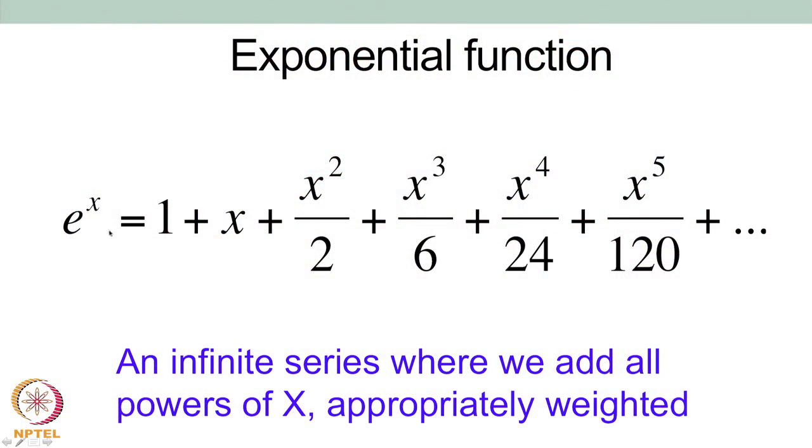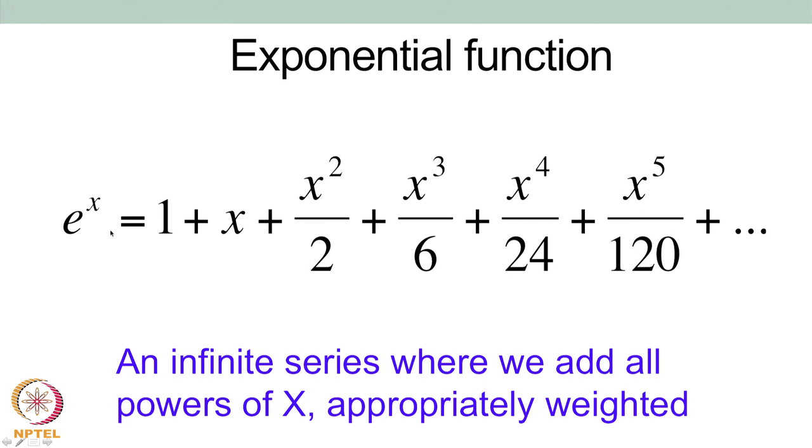So as shown in the computer here, e power x can be written as 1 plus x square divided by 2 plus x cube divided by 6 plus x power 4 divided by 24 plus x power 5 divided by 120 plus x power 6 divided by 6 factorial plus so on and so forth. So you can write this as a sum of many terms, and these 3 dots here indicate that you have to have many more terms, which I have not specified here, which we will get to know later.